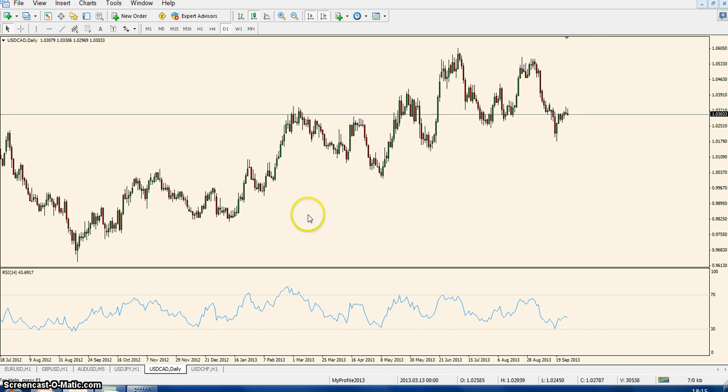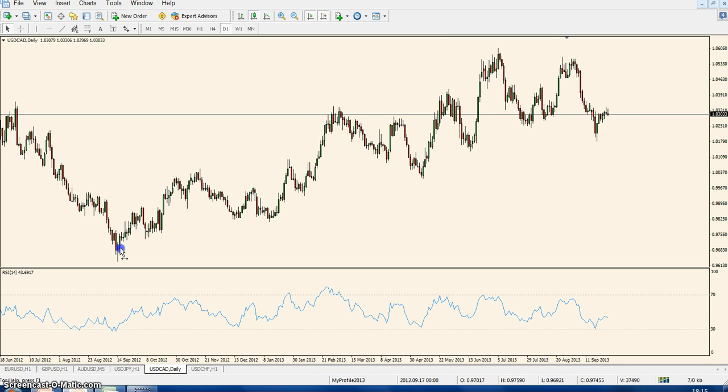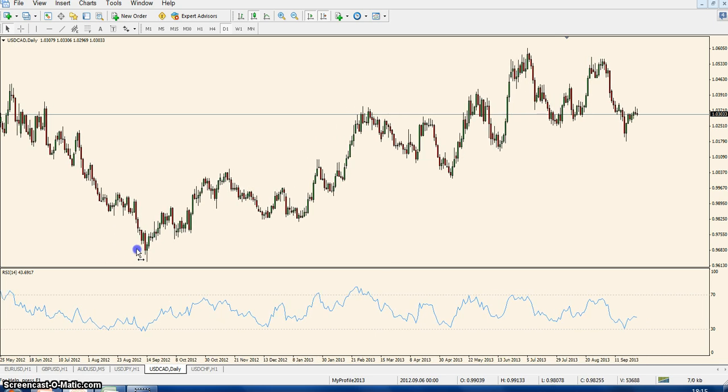The way this will be utilized is I'll try to find out trends both in price and in RSI; both go hand in hand. So something like this.